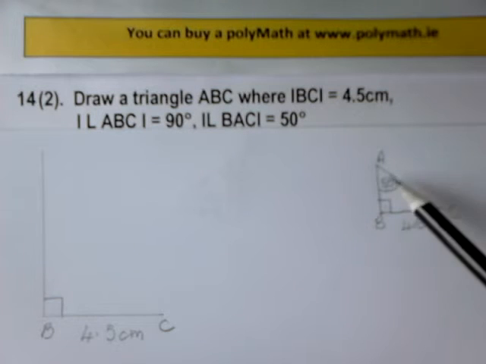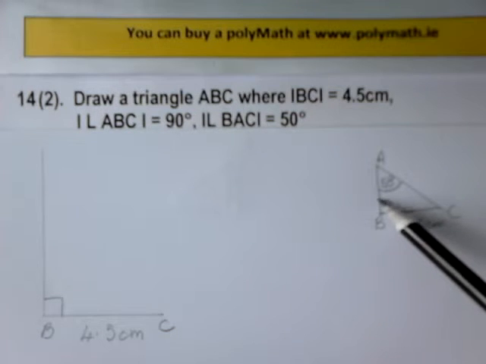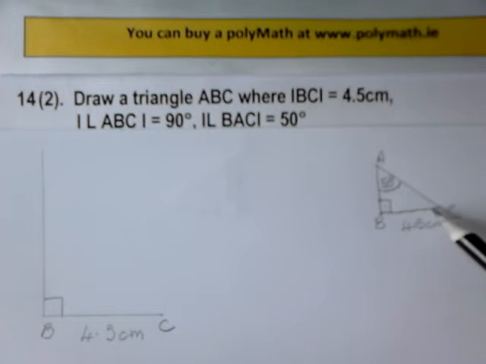In this particular case, it's very easy to do the calculation because 90 degrees are gone on the right angle. So that just leaves another 90 to be shared between these two angles. But this one has got 50, which leaves 40 for that one there. So that angle there would be 40 degrees.